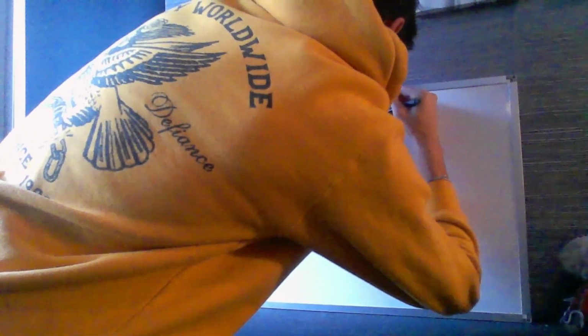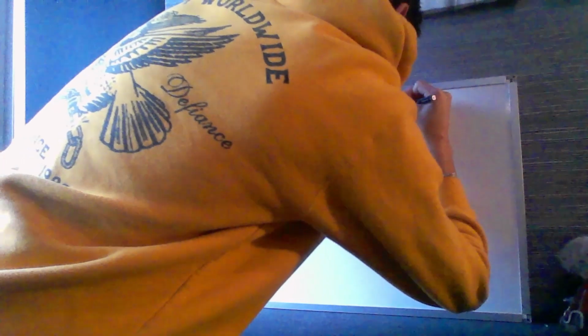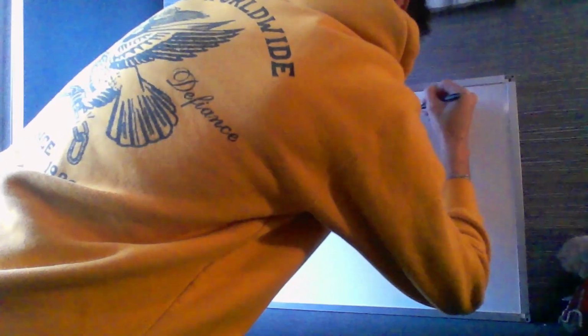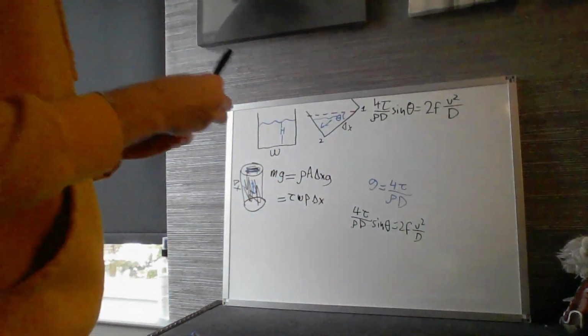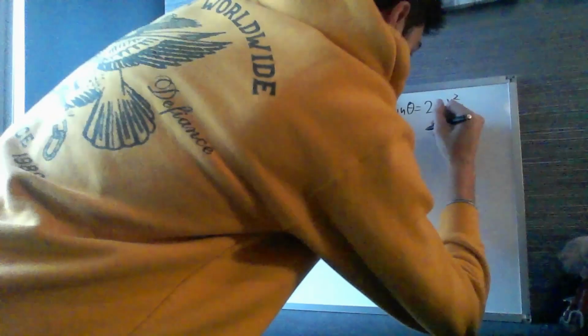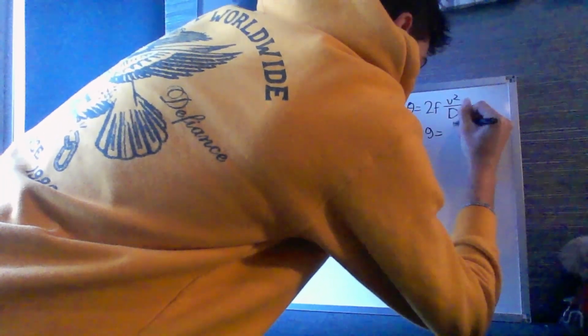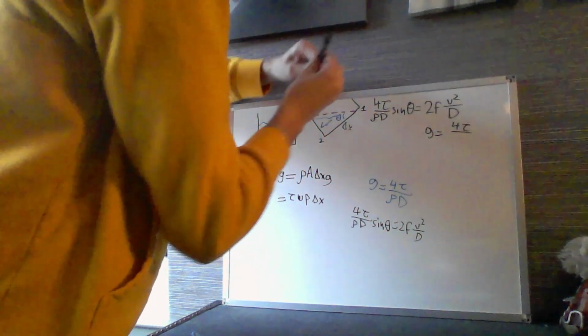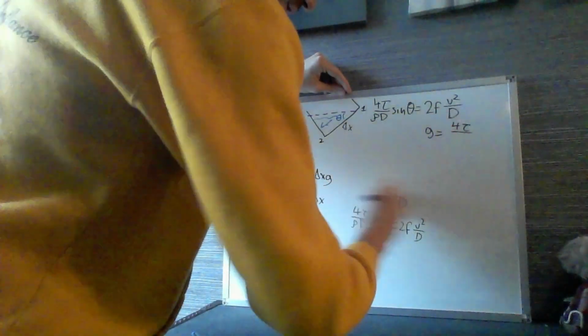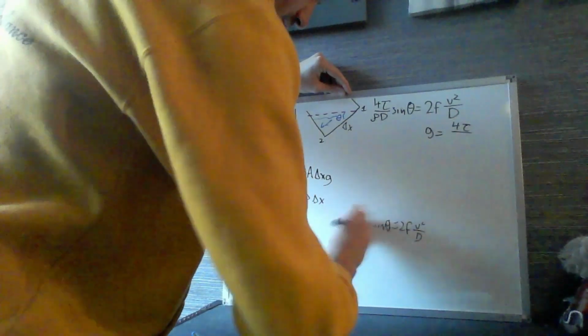The 4 tau divided by sine of theta is equal to 2f v squared over d. Okay. Then of course we have g is equal to, we don't need to make that up. So we can erase this out. Alright.